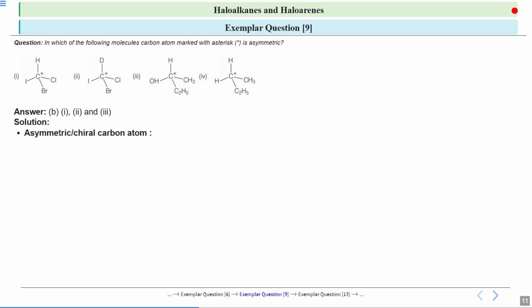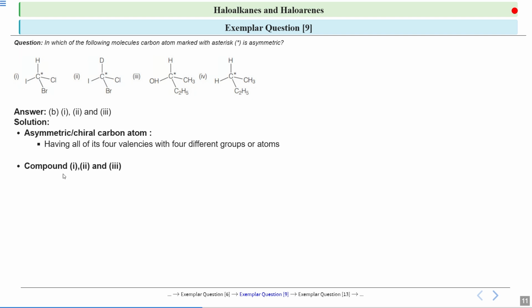An asymmetric carbon, also known as a chiral carbon atom, is a carbon atom having all of its 4 valencies satisfied with 4 different groups or atoms. So when the carbon has all of its 4 valencies with 4 different groups or atoms, then it is considered an asymmetric or chiral carbon. That means the carbon has tetravalency, as you all know, and each valency is occupied by a different group or atom. Then that carbon is asymmetric, or you can say that carbon is a chiral carbon.